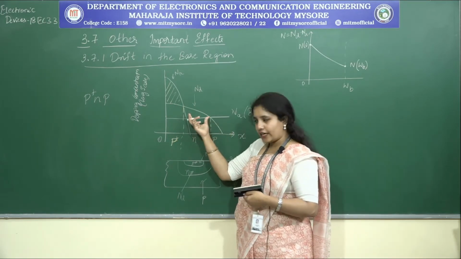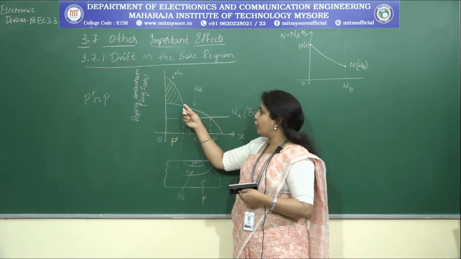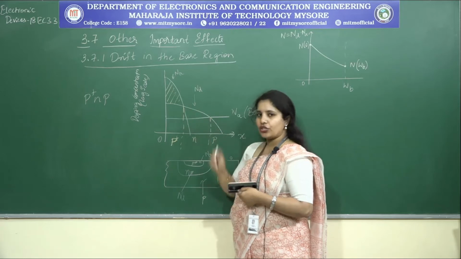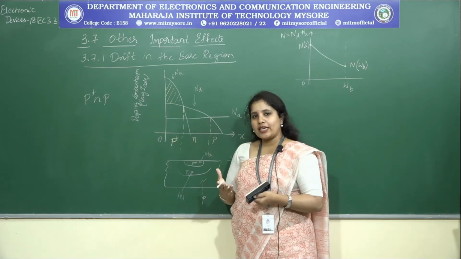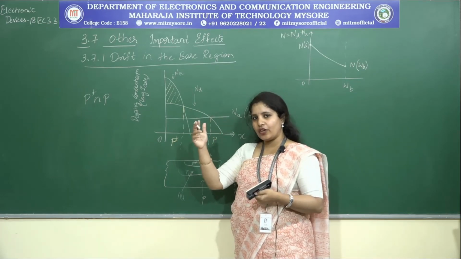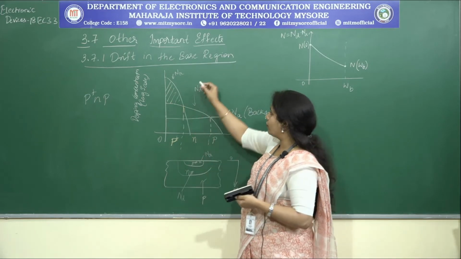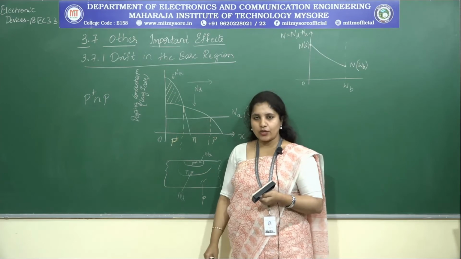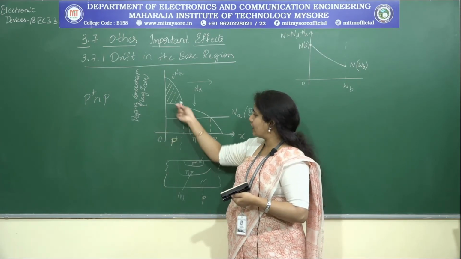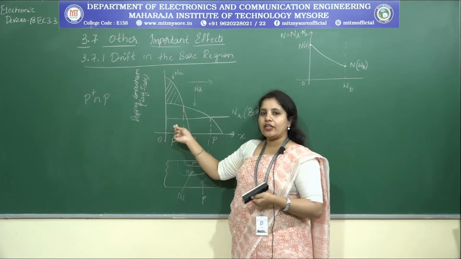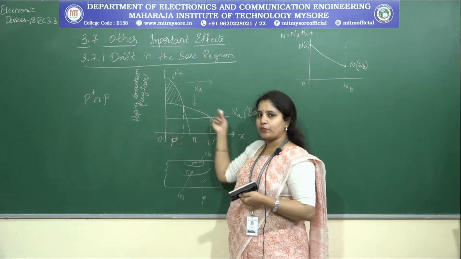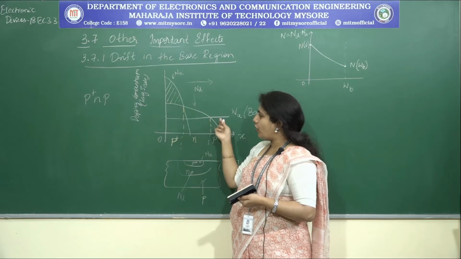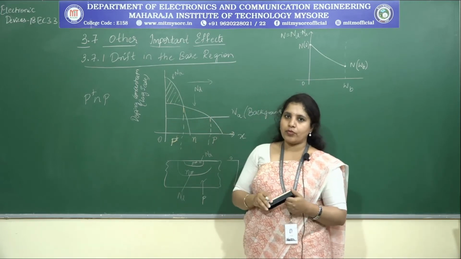Now, because of the electric field that is observed due to the variation in the doping concentration across the base, what is basically happening? Whenever there is an electric field intensity, what happens? So, if this is the direction in which the electric field intensity is present in the base region, the holes present in the emitter region will get swept to the collector? Yes, at a very fast rate. Yeah, that is what will basically take place.